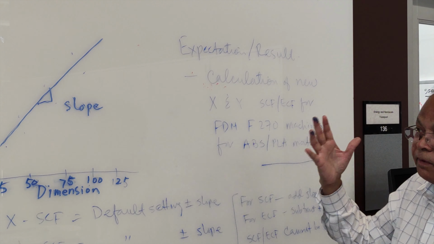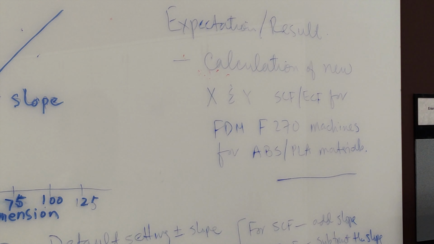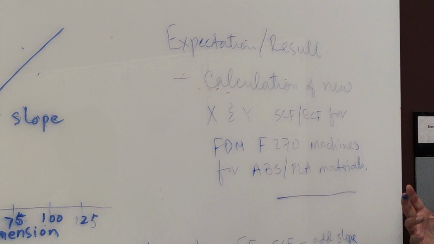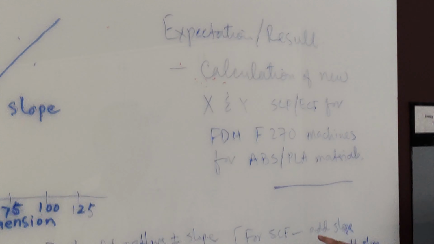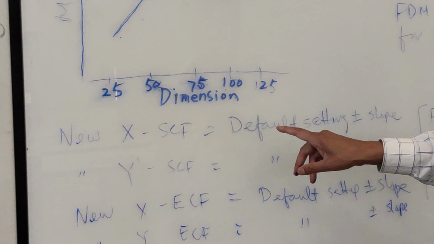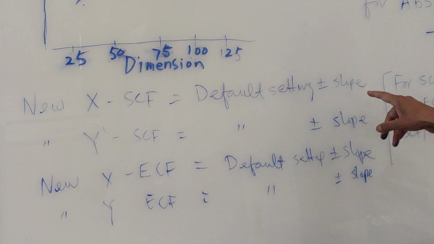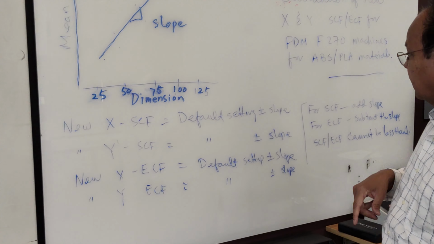We are going to use a default setting that we got from Stratasys many years ago. It is 1.007. And so to find the x and y shrinkage factor, for the x shrinkage factor, it's the default setting plus minus the slope. It's the new slope that you have got from the Excel sheet.